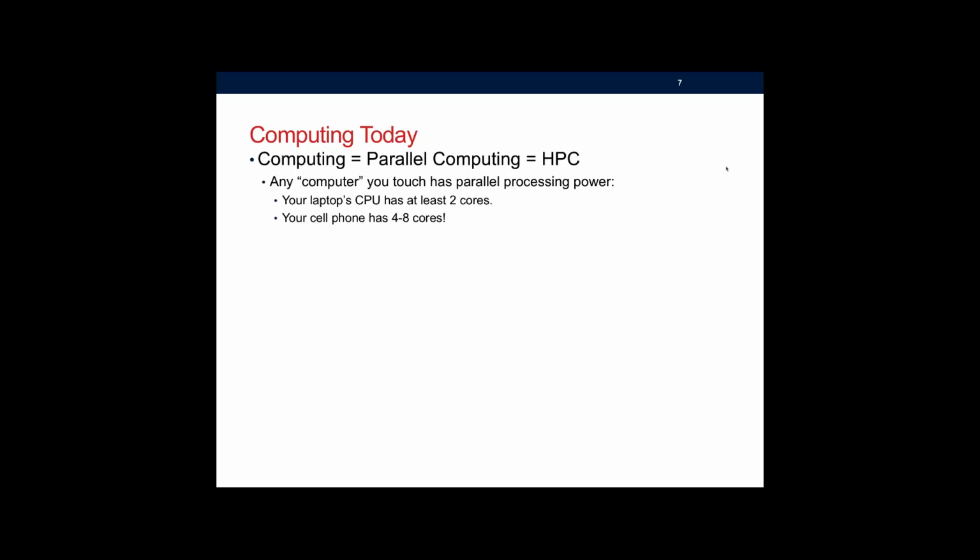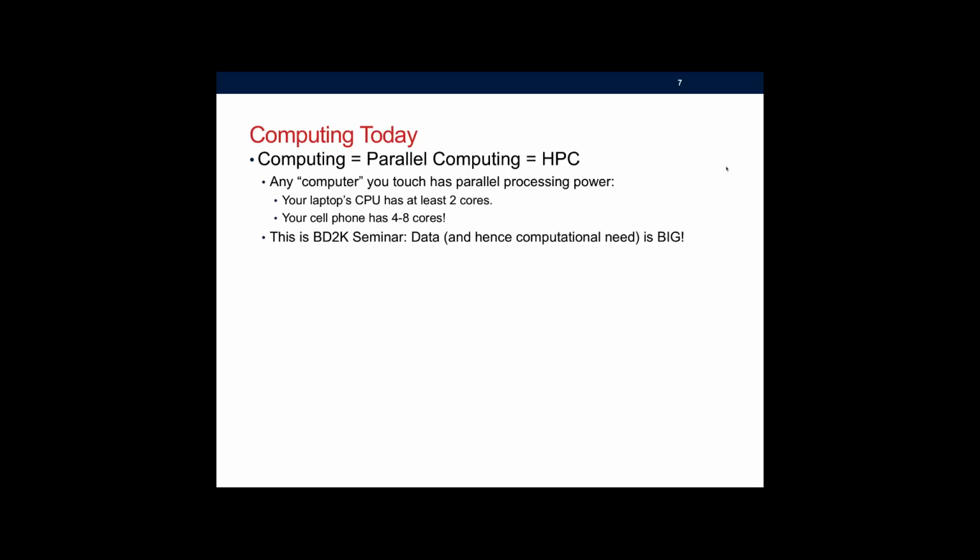Even your cell phone will have 4 to 8 cores today. So any computer you'll see will have multiple processing elements. It's there, so we have to use them.